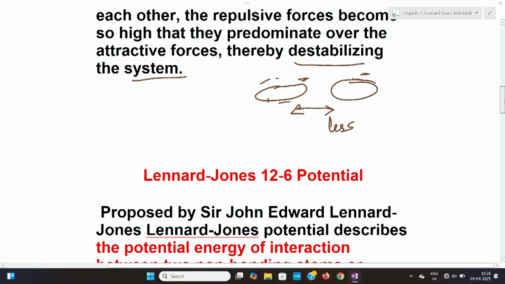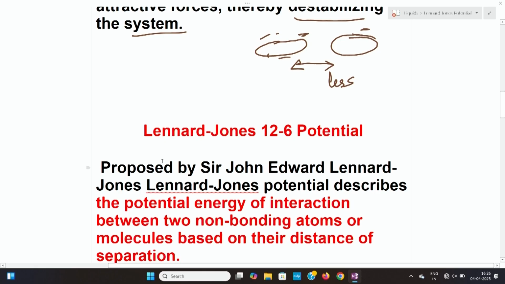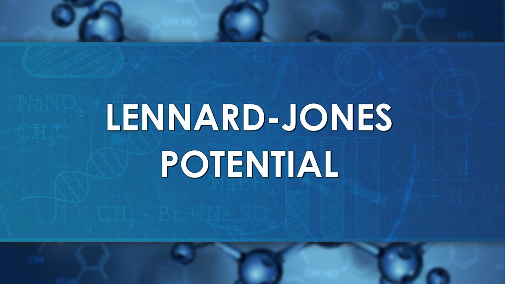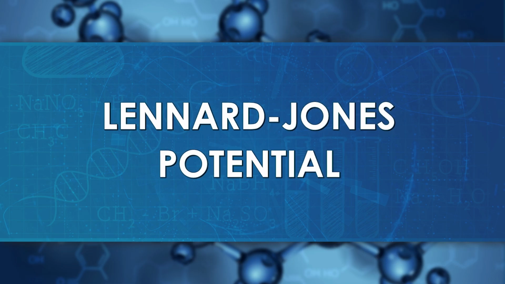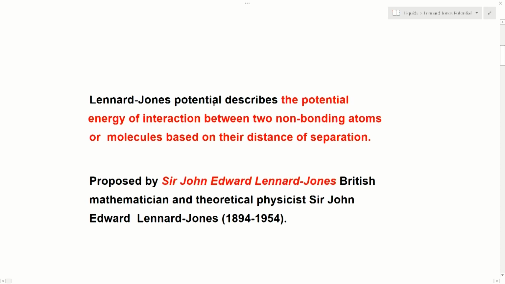Now, we shall discuss the Lennard-Jones 12-6 potential, which is related to these repulsive forces. The Lennard-Jones potential describes the potential energy of interaction between two non-bonding atoms or molecules based on their distance of separation.